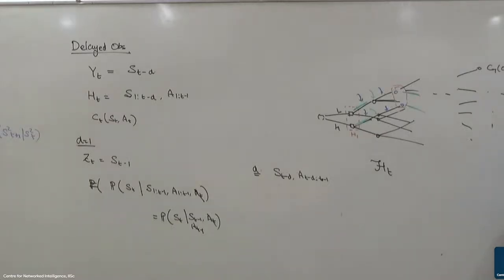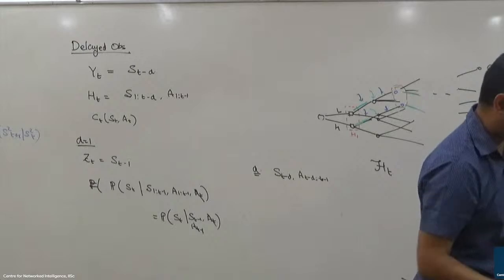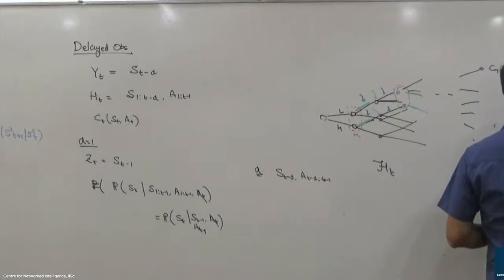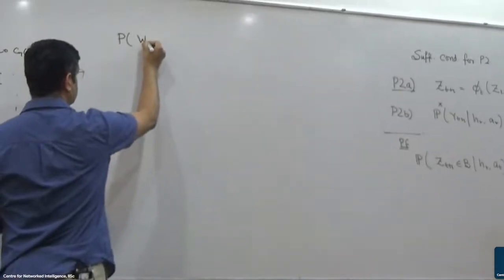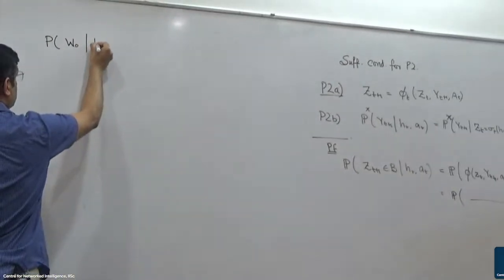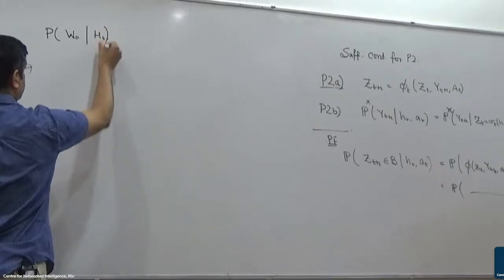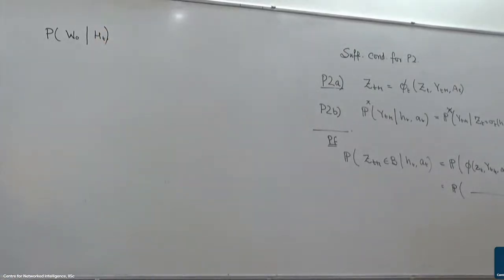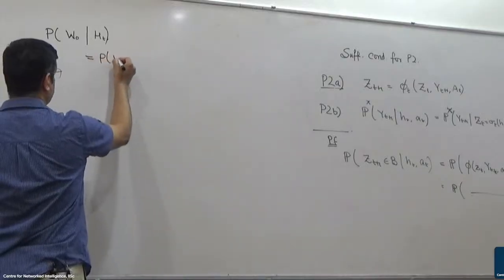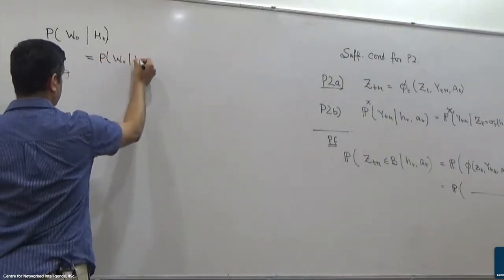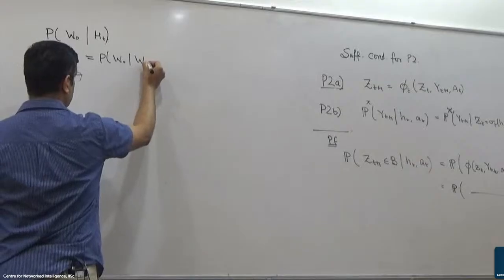For this particular example, I can keep track of the probability distribution of W0 conditioned on the history, which is equal to the probability distribution of W0 conditioned on W1 to t minus 1.